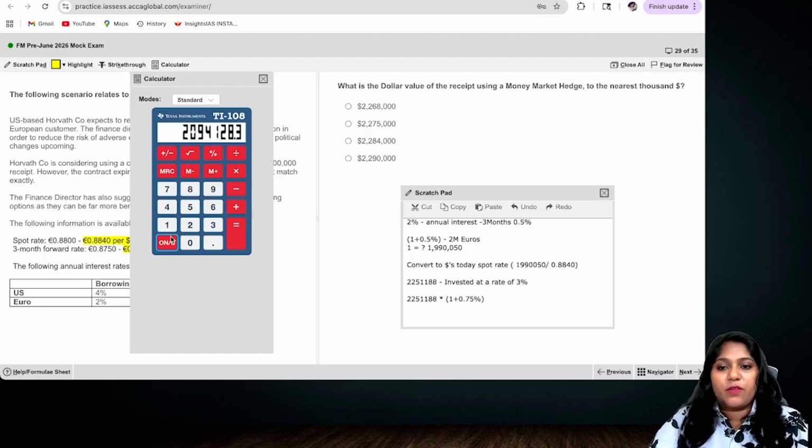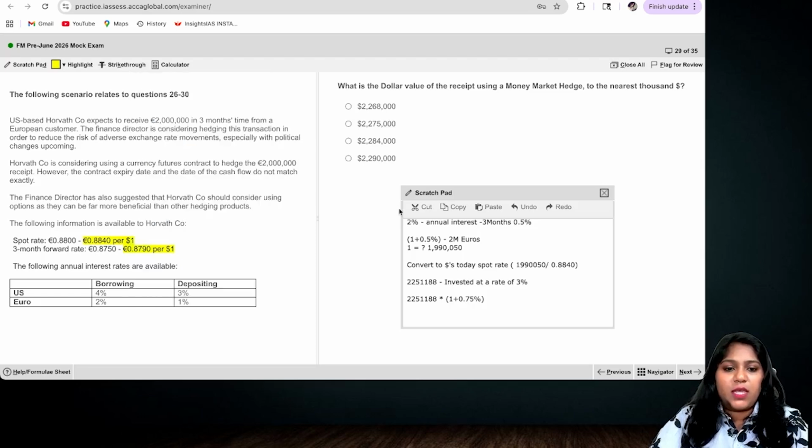Don't take 1.075. So you take 2,251,188 divided with 1.0075.